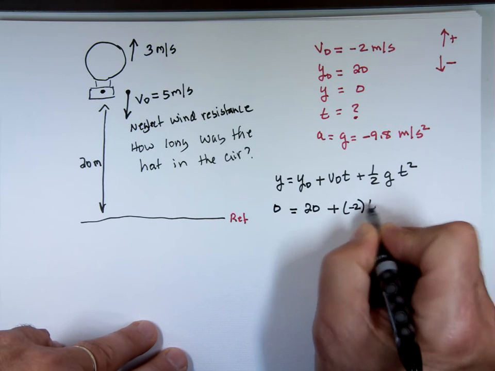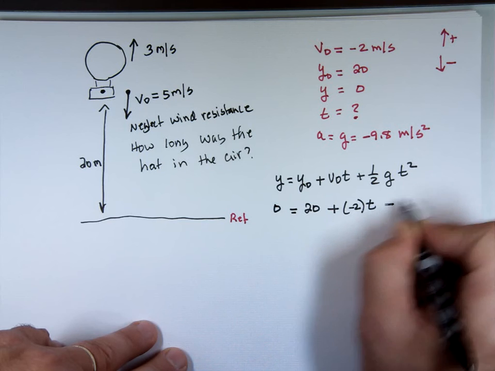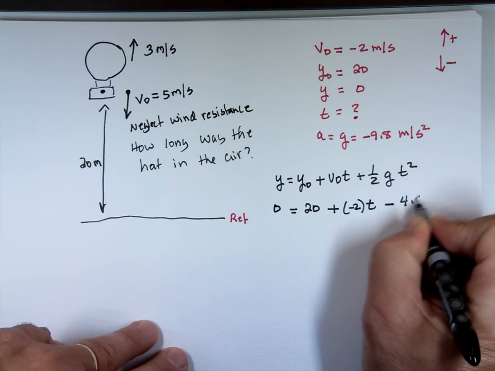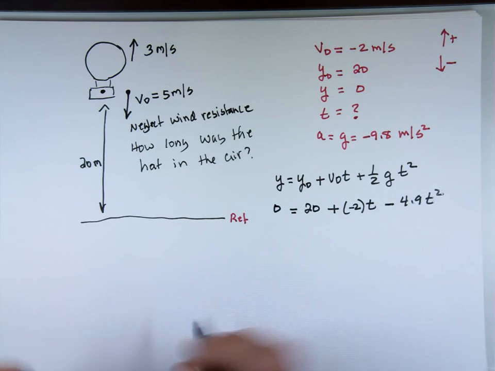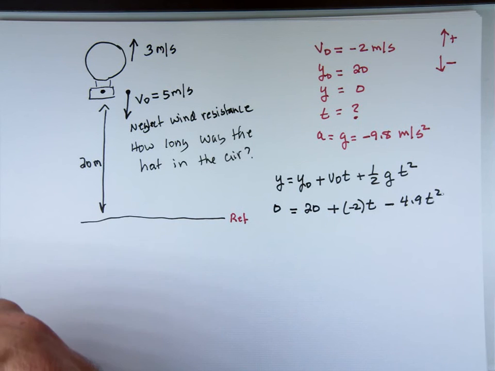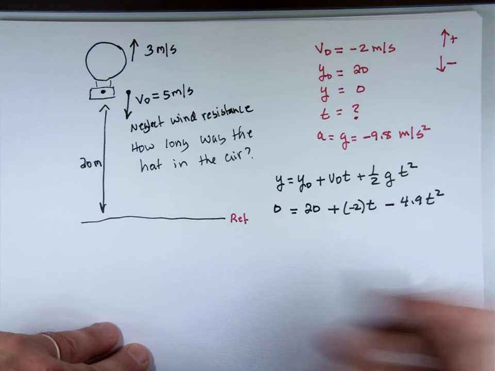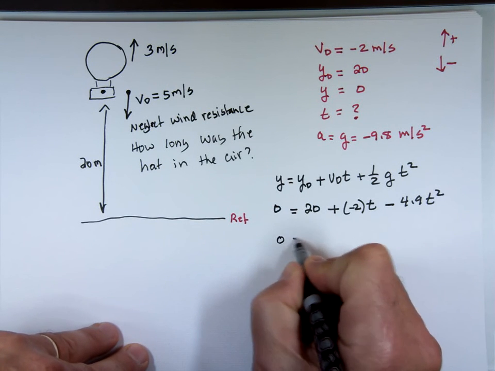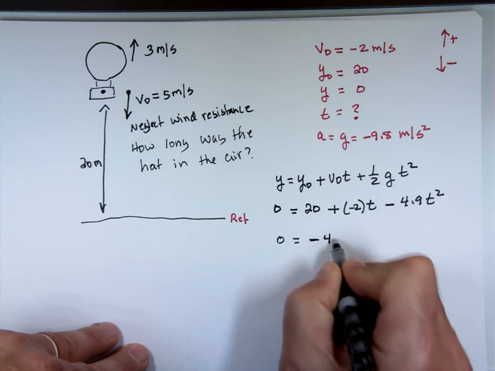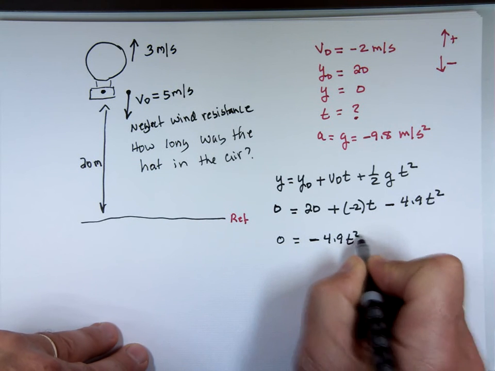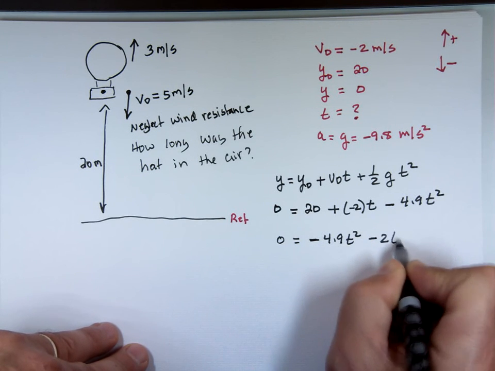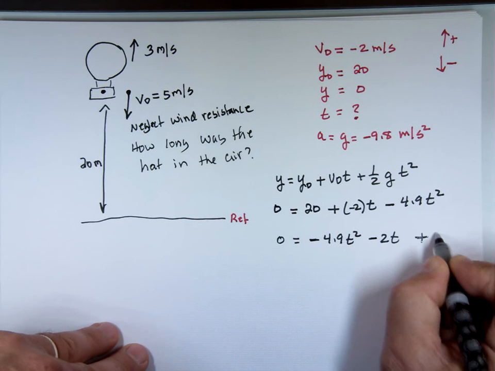This will be negative 4.9 t squared. I'm not really a fan of negative t squared, but I'll leave it there. I have negative 4.9 t squared minus 2t, I like to put them in descending power, plus 20.